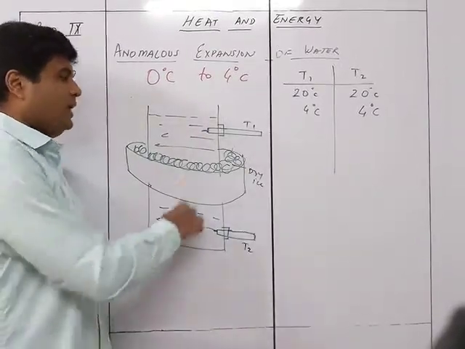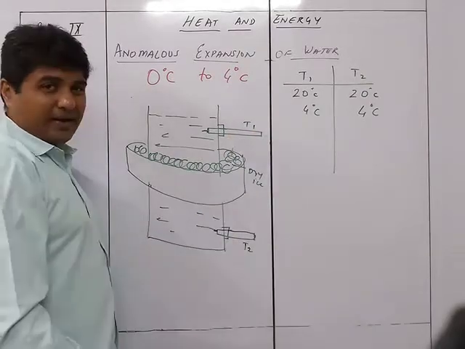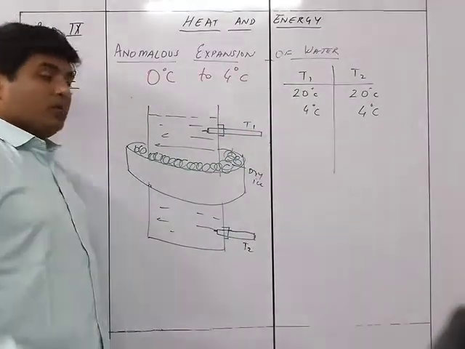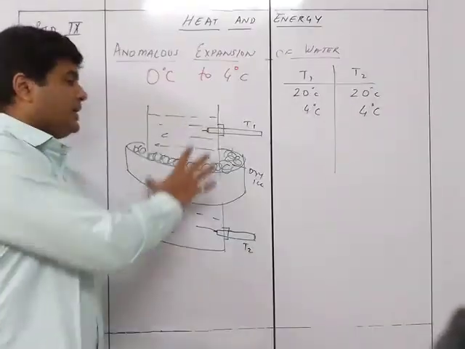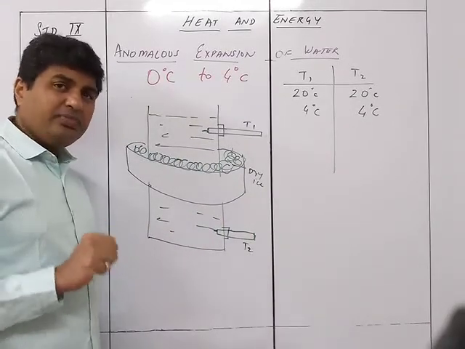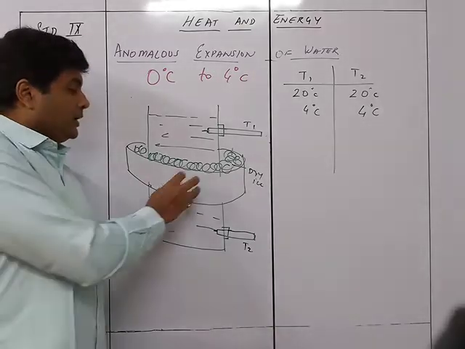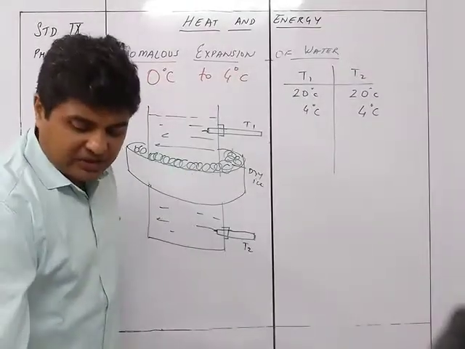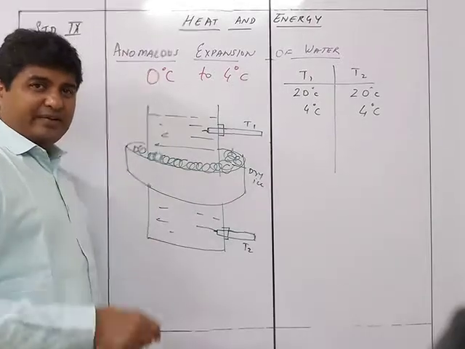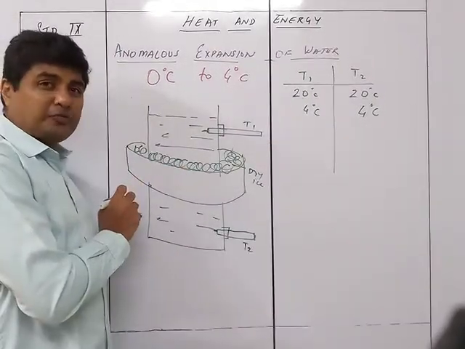So that's why the temperature inside this particular thing is going to be maintained. Now, the moment this particular flask reaches 4 degrees Celsius, now what is happening? Now is the thing what is going to change. The moment the temperature inside becomes 4 degrees Celsius, we know that there is an anomalous expansion going to take place.